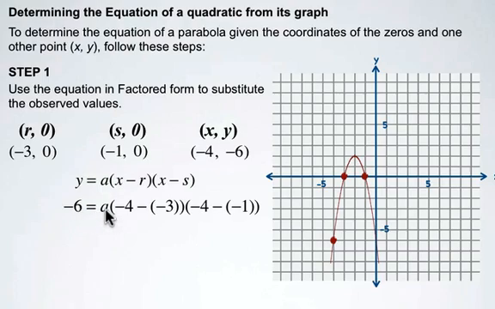Our a we don't know. Our x is -4. Here it is. And that goes in two places. Here's another x, which goes here. And we have our r, which is our -3, and our s, our -1.